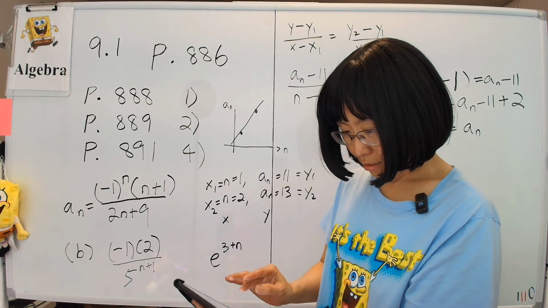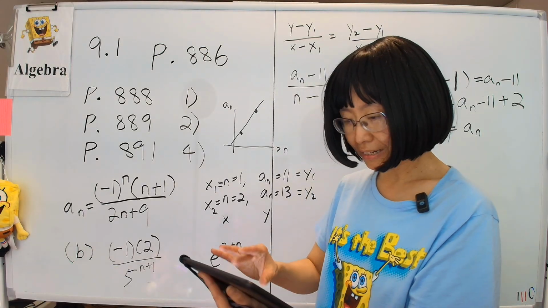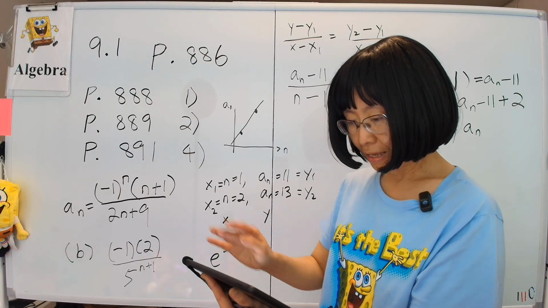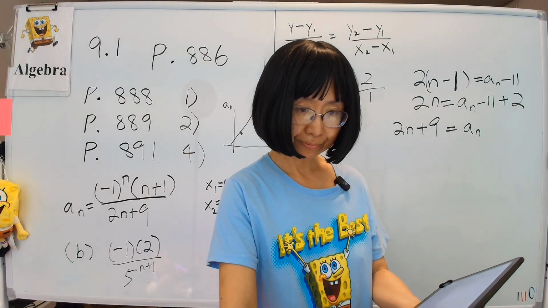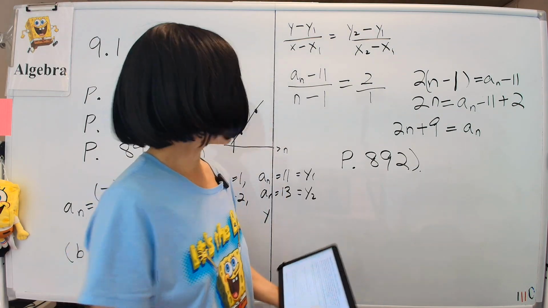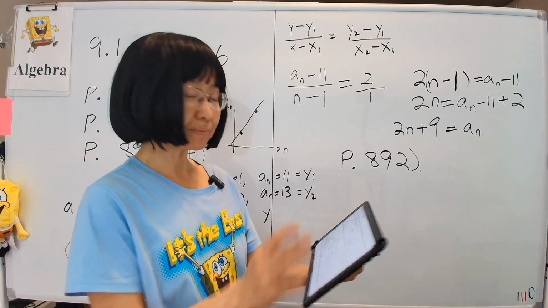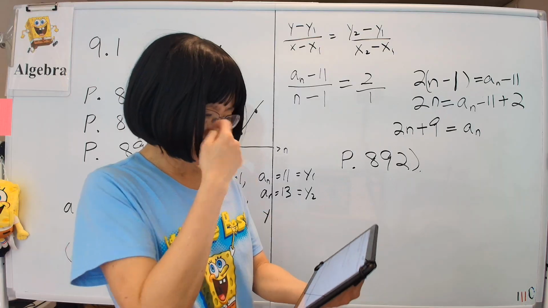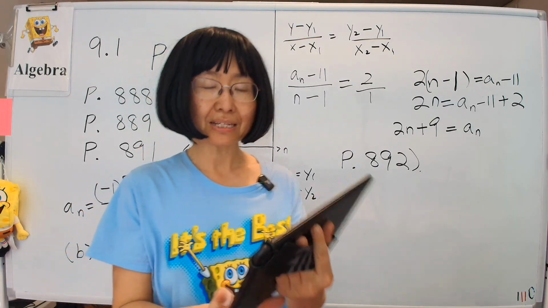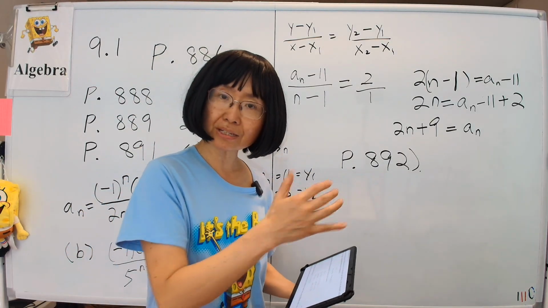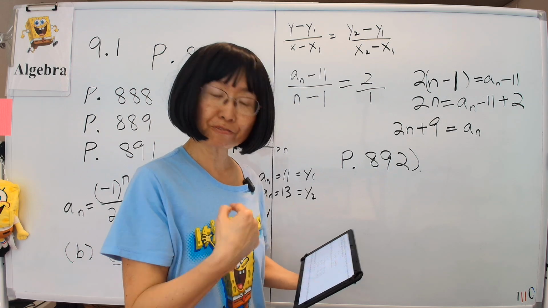All right, and that is the answer to it. Next, let's look at the bottom of page 892, where we have something called a recursive sequence. What does that mean? It means each sequence value is determined by the term before.